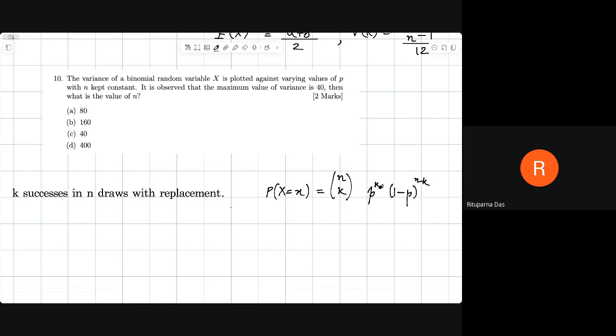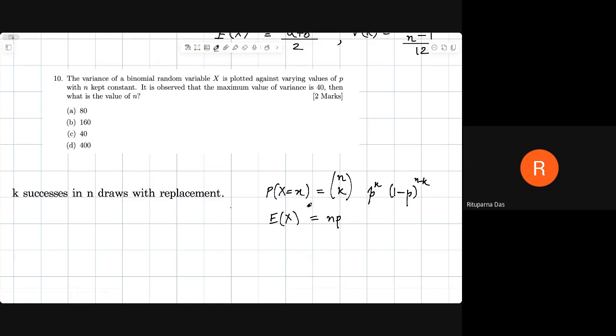So this is the PMF of the binomial random variable, and the expectation of a binomial random variable is np.